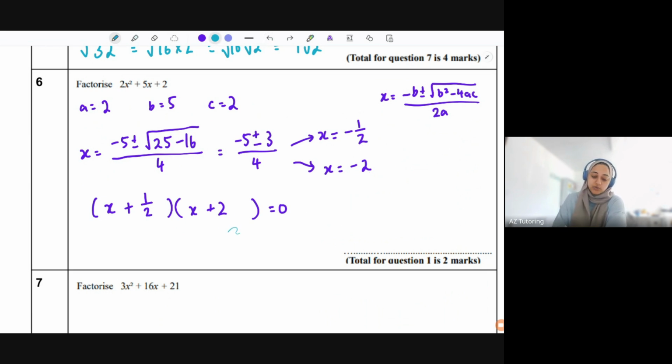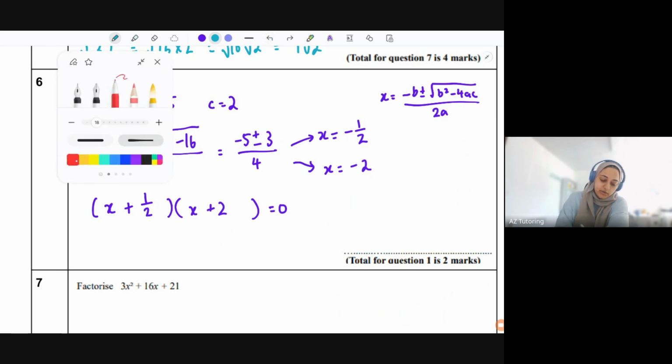Reason why, imagine we factorized it in the first place and we solved it, then that gives you x equals minus 2, because that's what x equals when you factorize it. So we're going backwards. However, when we're doing factorizing, we're not allowed fractions here. We have to have integers, so whole numbers. So what I'm going to do is times the 2 up to here. So I'm just going to change that first bracket.